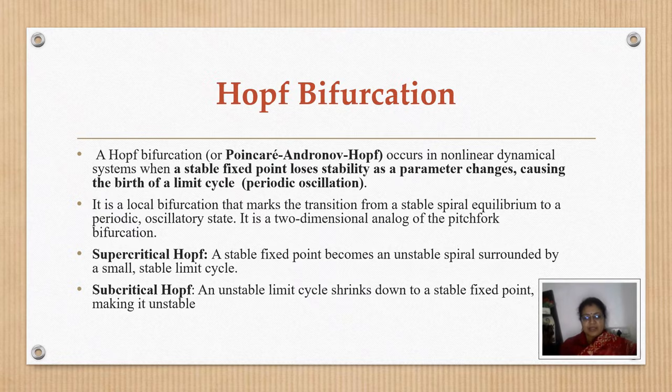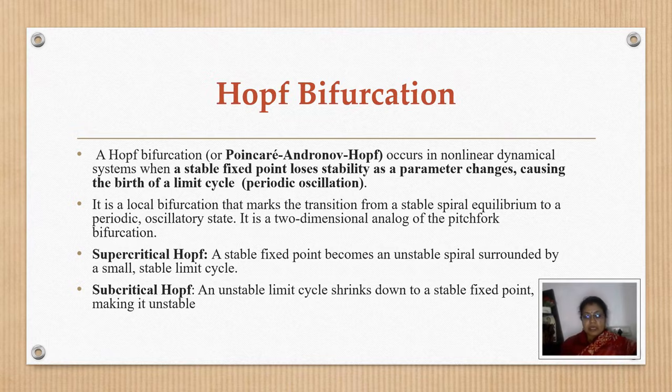Now let us get into the very interesting, last type of simple bifurcation called the Hopf bifurcation. It is named after the scientist Hopf, or it is otherwise known as Poincare-Andronov-Hopf bifurcation.